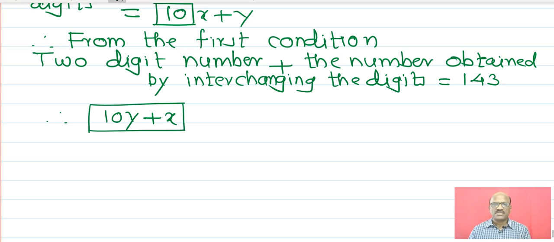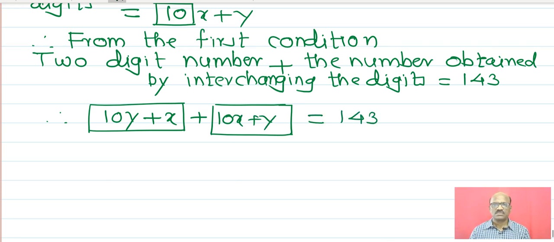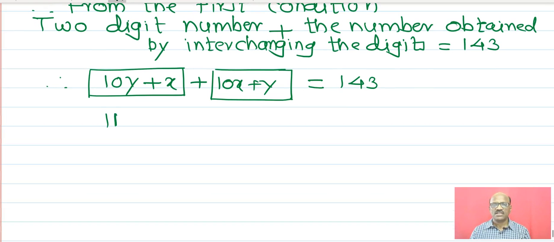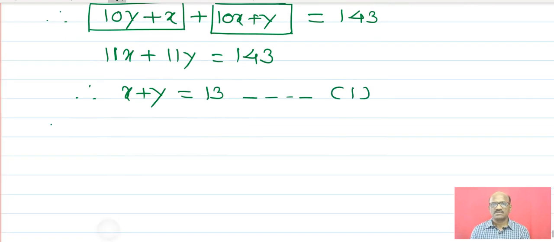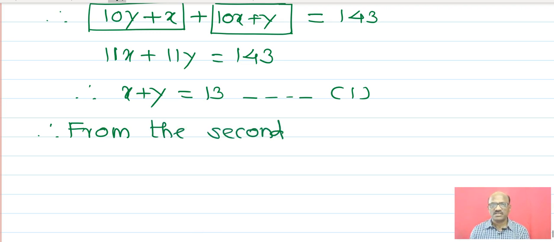Therefore, 10y plus x, this is the first, and second is 10x plus y, is equals to 143. Therefore, 11x plus 11y is equals to 143. Divide on both sides by 11, then you will get x plus y is equals to 13. This is equation number 1. Now next condition is very easy. अतिशय सोपे दिले ते.